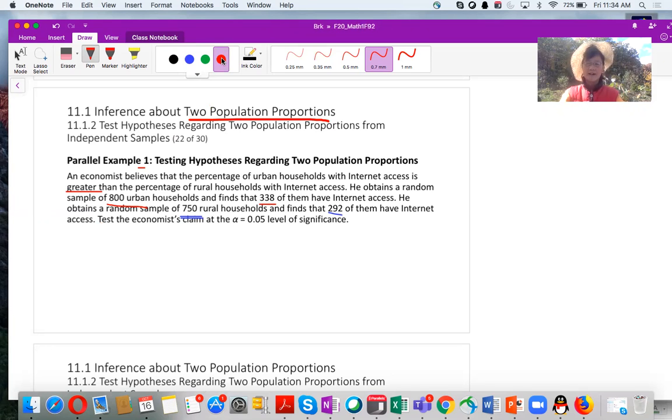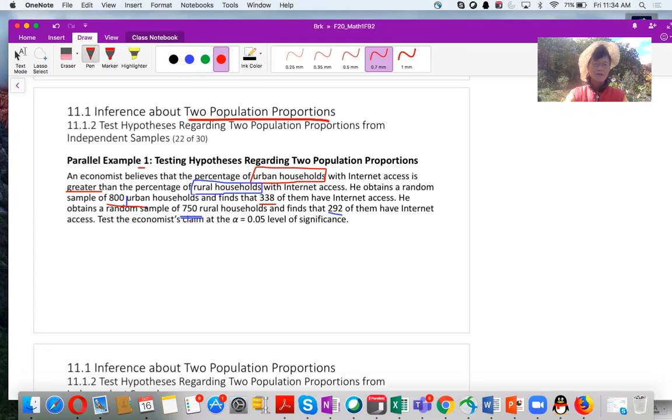So let's analyze this question. First, there are two populations involved. One population is urban households. The other is rural households. And there are also two samples.